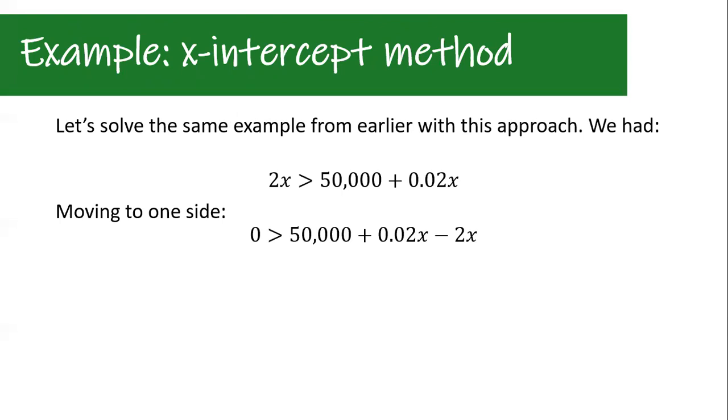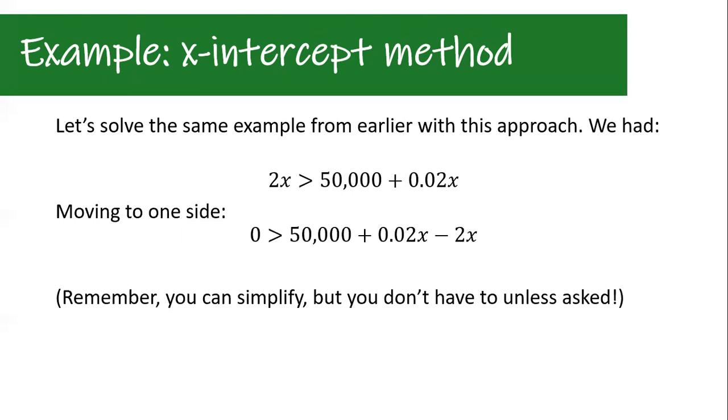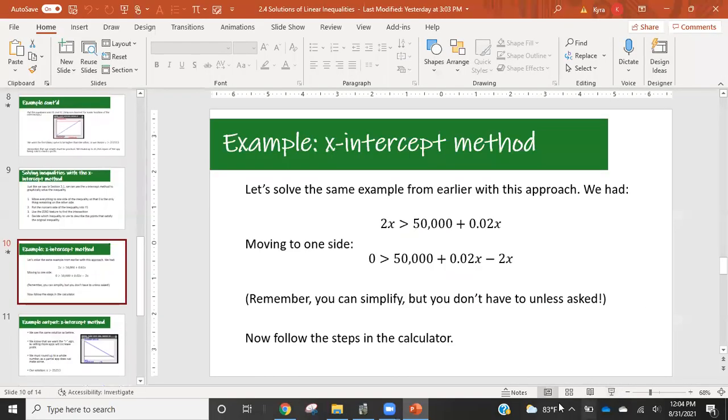Now here, you could certainly enter this directly into your calculator. You could simplify if you wanted, but if you made a mistake, your answer would be wrong, and the calculator's smart enough to do that for us. Now we're just going to follow our steps in the calculator.